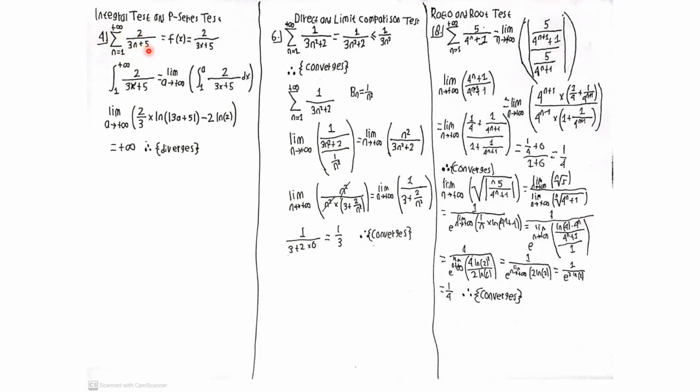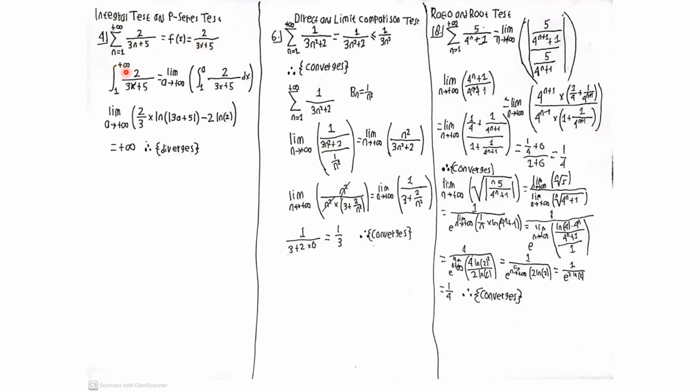The first thing first, we need to write the nth term as a function. So the question will be f(x) equals 2 over 3x plus 5. And then after that, since the function f(x) is positive, continuous, and decreasing for x greater than or equal to 1, use the integral test.